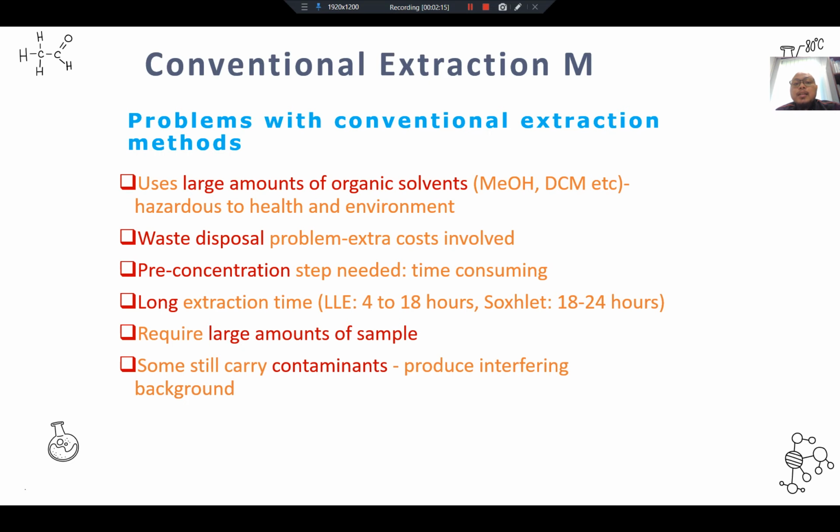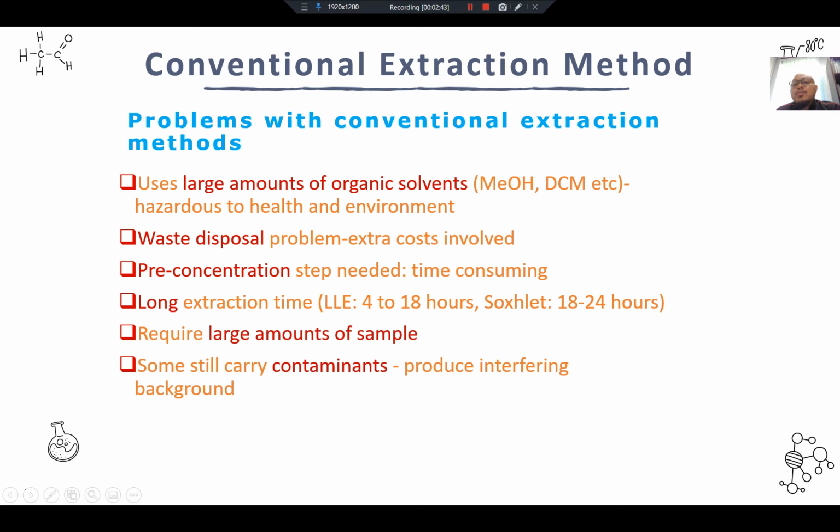is hazardous. So the problem with conventional extraction methods is they use a large amount of organic solvent, which can be hazardous to health. Methanol is actually dangerous if you drink it. What is in alcoholic drinks is ethanol. Never mix methanol in alcoholic drinks. There are cases of people dying from drinking homemade alcohol, where they accidentally produce methanol.